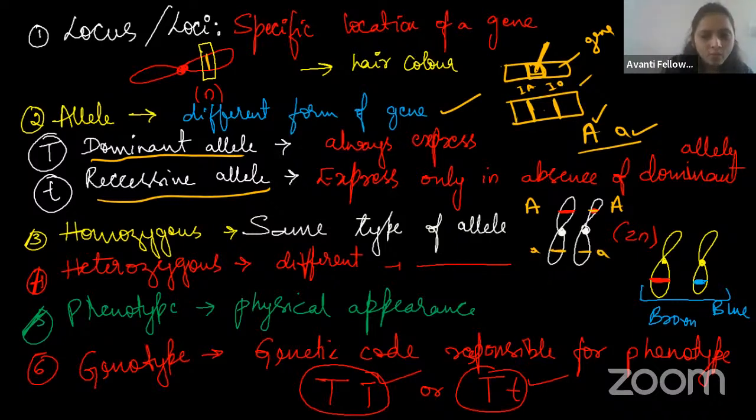For example, if it has capital A here and in this gene it has small a, what do we call it, guys? Heterozygous.